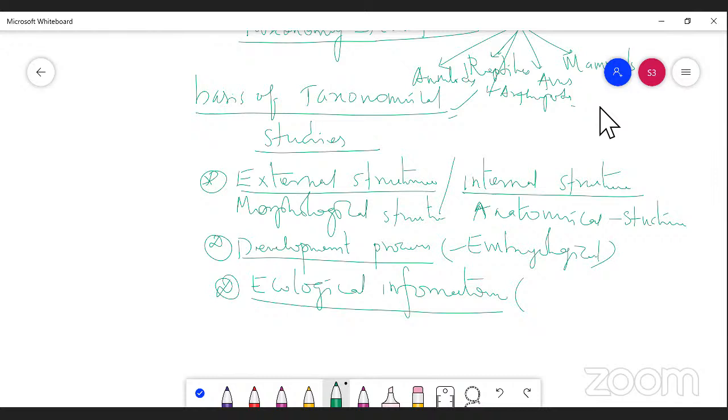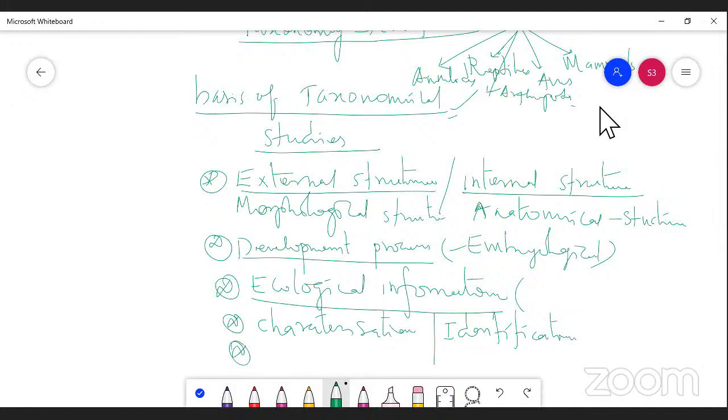With all these characters, in the taxonomic process we are going to categorize the animals. Next, the scientific stages that are the basis for taxonomy. One is characterization, then identification, and nomenclature.